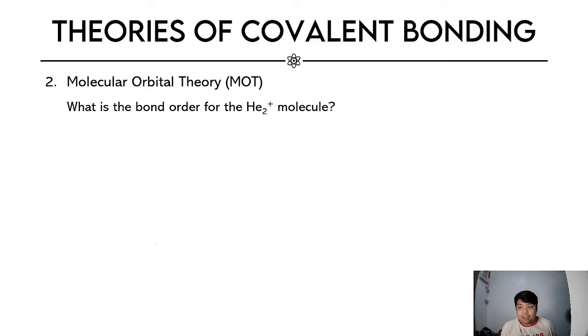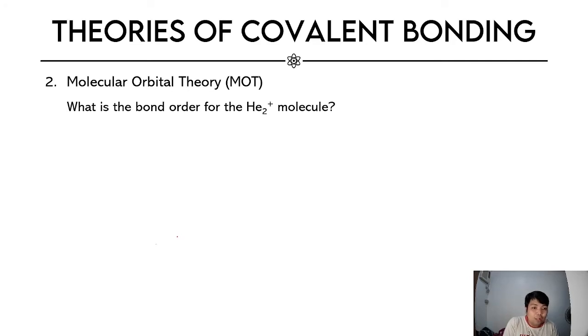Just like in drawing the Lewis structure, you subtract one valence electron for every positive charge, and you add 1 electron for every negative charge. Before we start, we need to first draw the molecular orbital diagram for the He2 plus molecule.